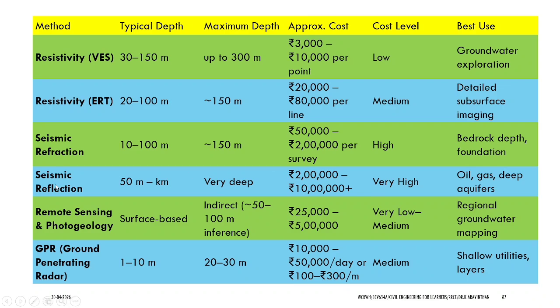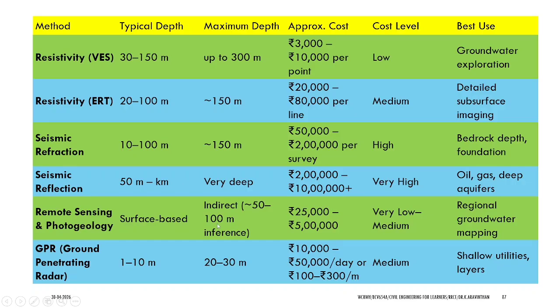Seismic reflection method generally is not used to find the groundwater. Then these reflection methods are used for very deep, and it can give an idea of oil and gas, deep aquifers.